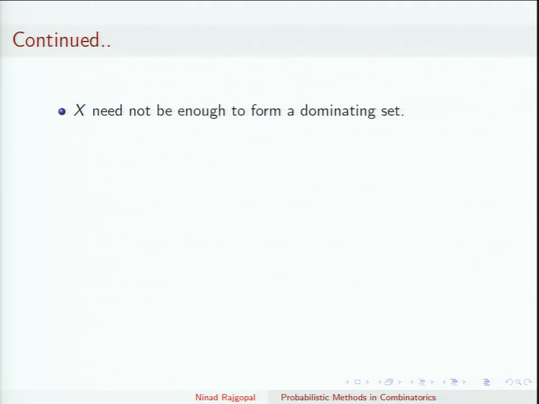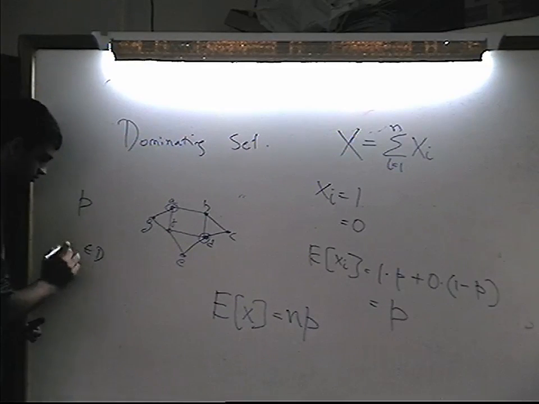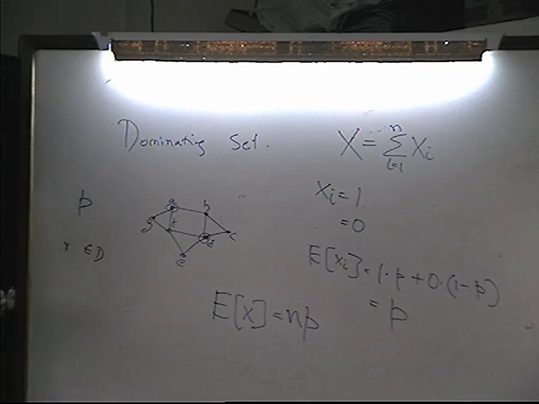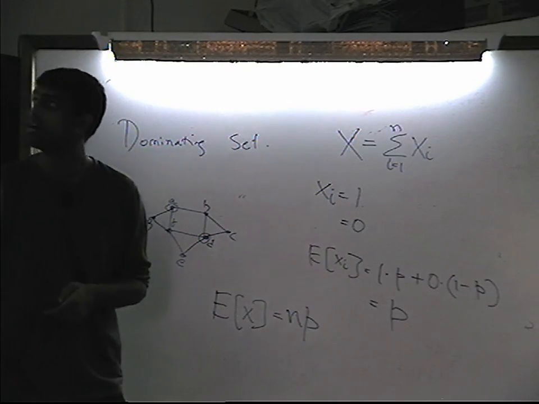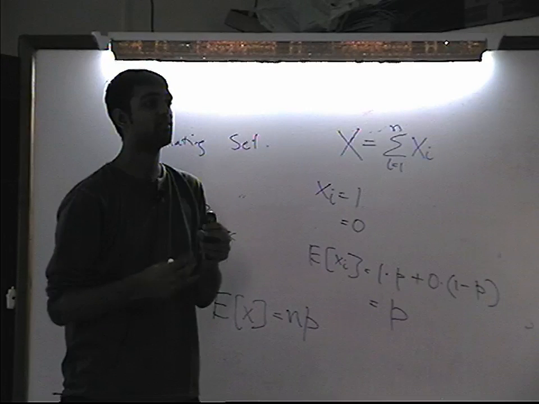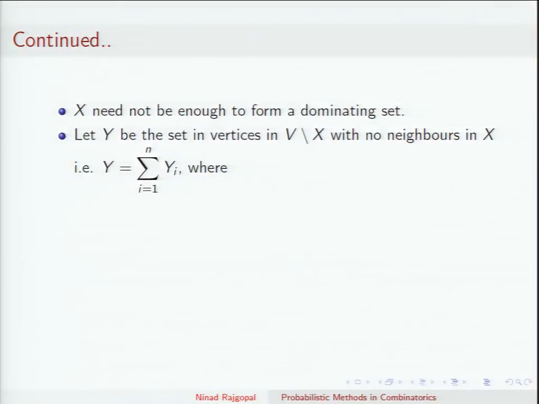These are just some random set of vertices. These need not dominate every neighbor. By dominate I mean either the vertex is present in D or its neighbor is present in D. Right. So we need to make this a dominating set and we need to add a few more vertices to do so.